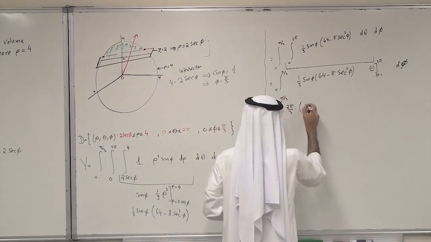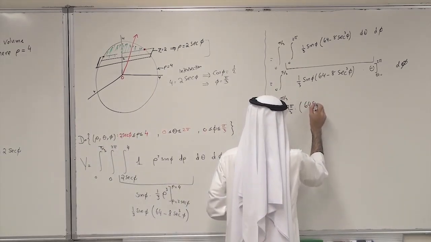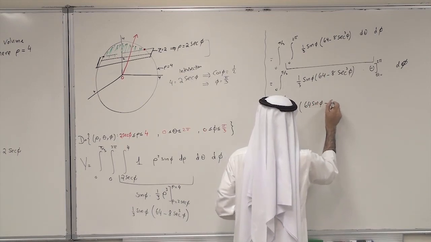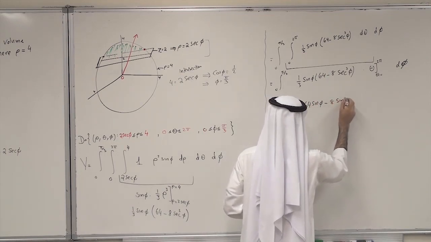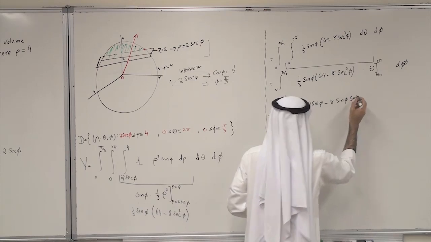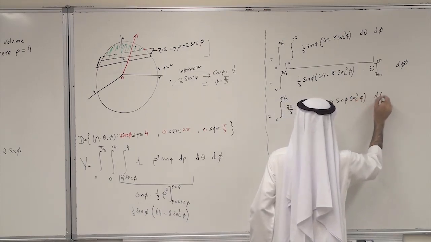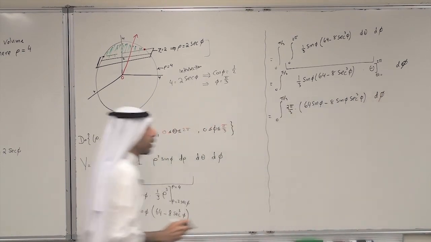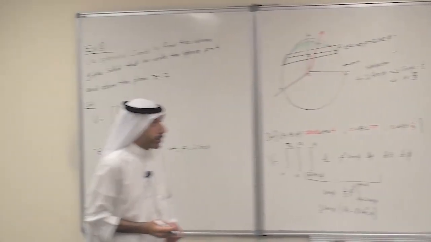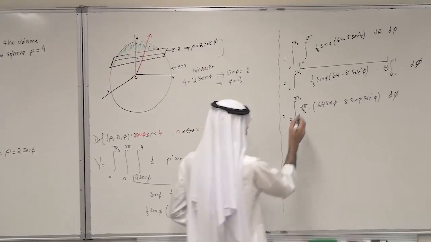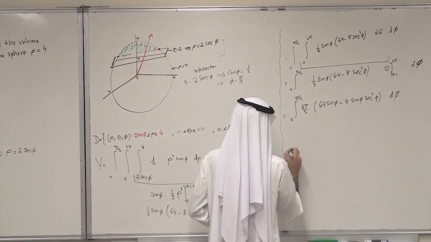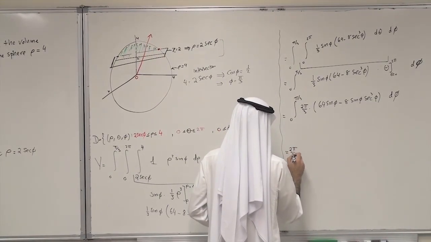So this is 64 sine phi minus 8 sine phi secant cubed phi d phi. Now I need to integrate this. So take 2 pi over 3.